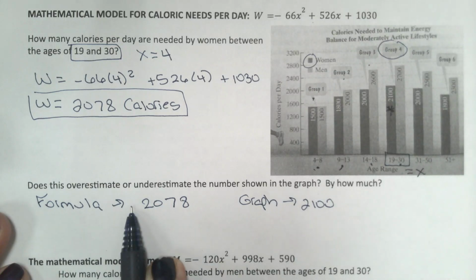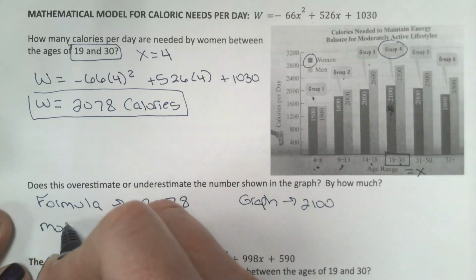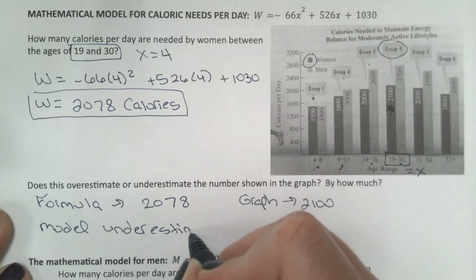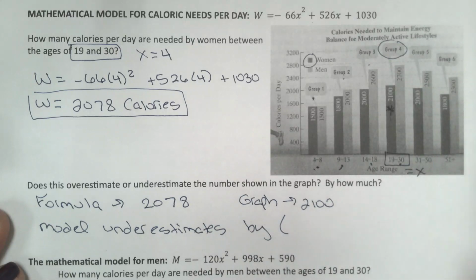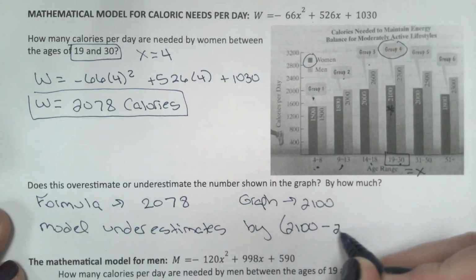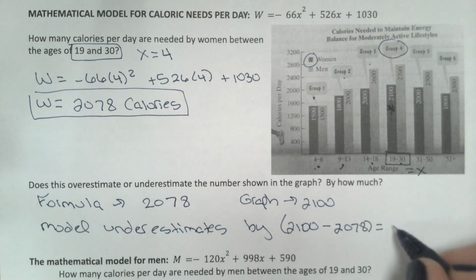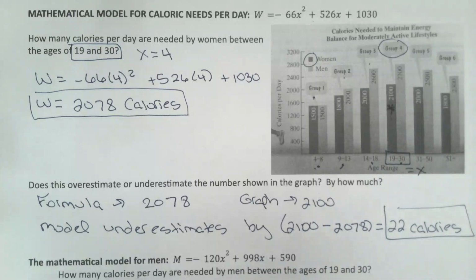And so in this case, the model or the formula is smaller than the graph. So the model underestimates. By how much? You're going to take 2,100 minus 2,078, and you should have gotten 22. So your model underestimates by 22 calories.